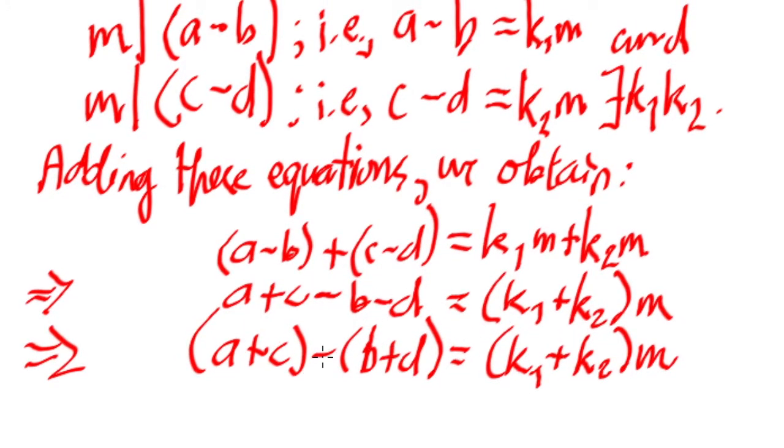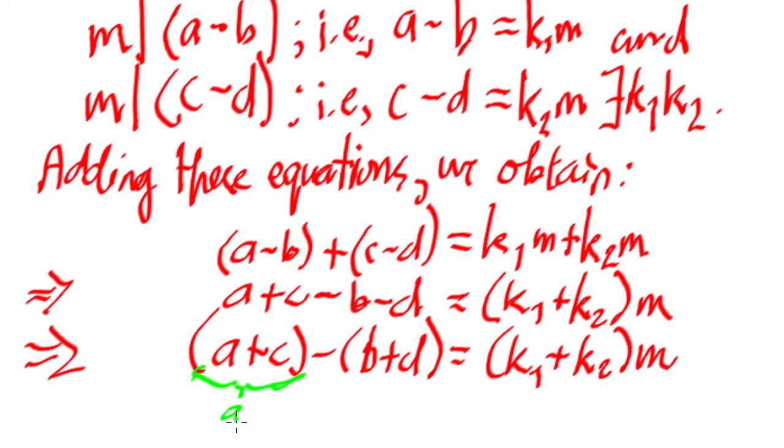Let's rewrite the last line in the form of a congruence statement. If we do that, we can imagine that this here is our A.